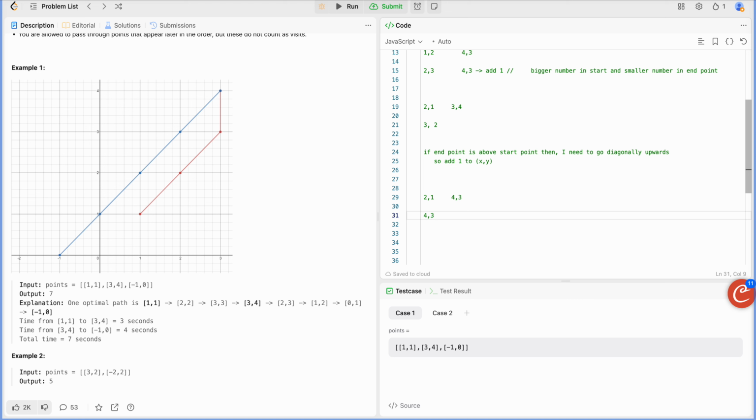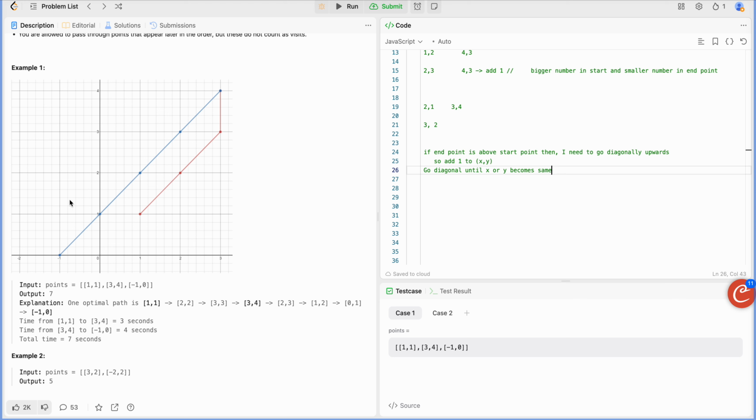This is even easier. So my algorithm is that I just add 1 to x and y. So go diagonal until one of the x or y becomes the same.